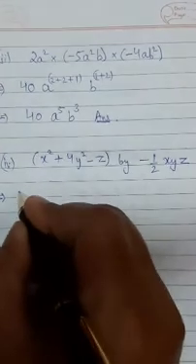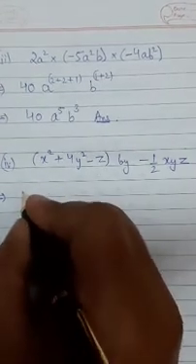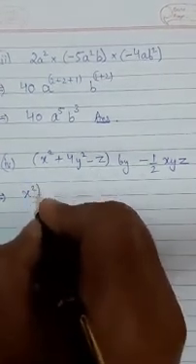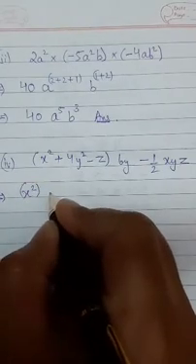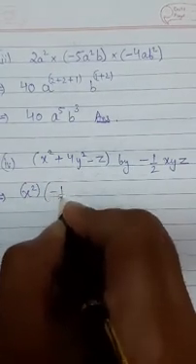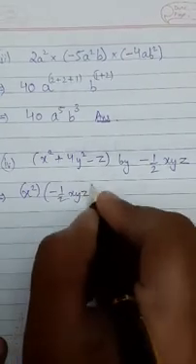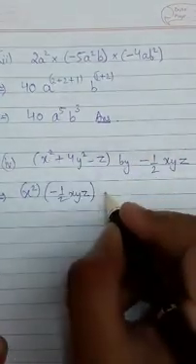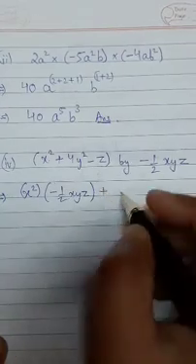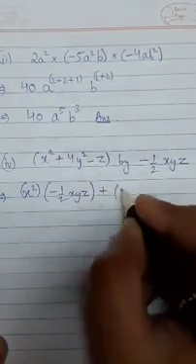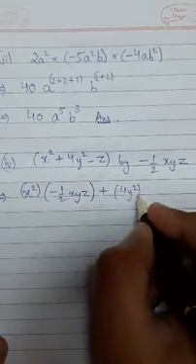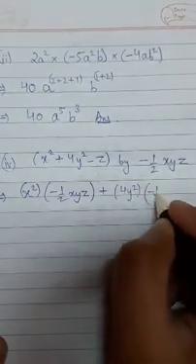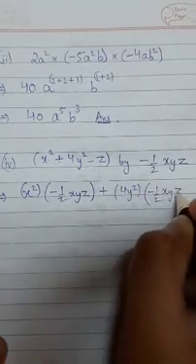What I mean to say here is, initially x square is going to get multiplied to minus half xyz. Then we have a plus sign. 4y square will also get multiplied to minus half xyz.